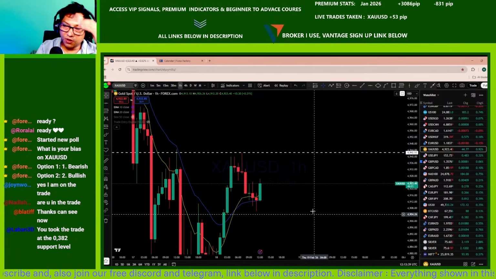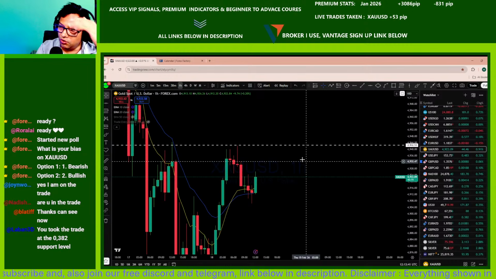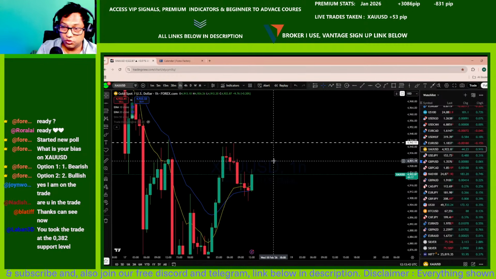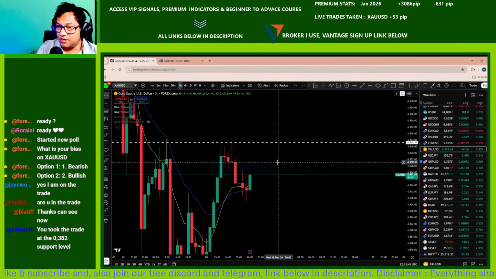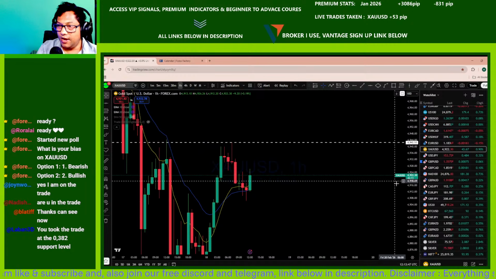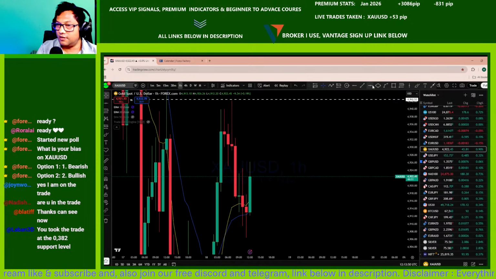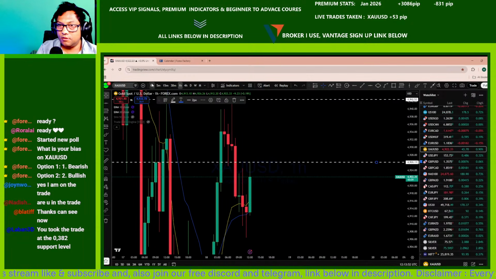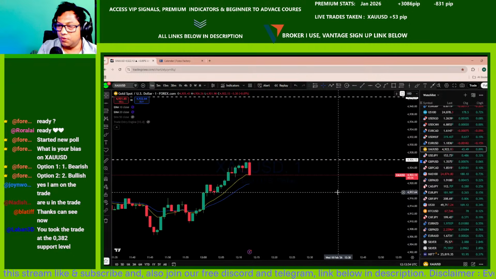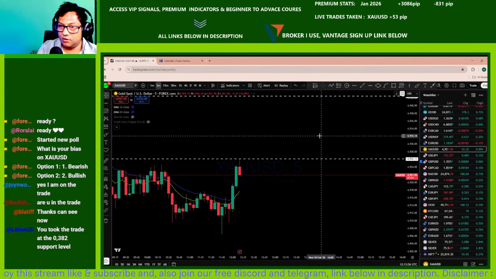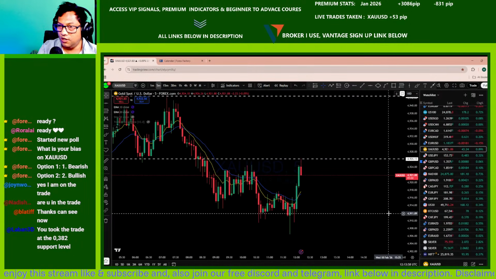From the lower time frame, this is the 1 hour price action, it's very unusually dropped to that key level, and I will be interested for the second trade shortly.